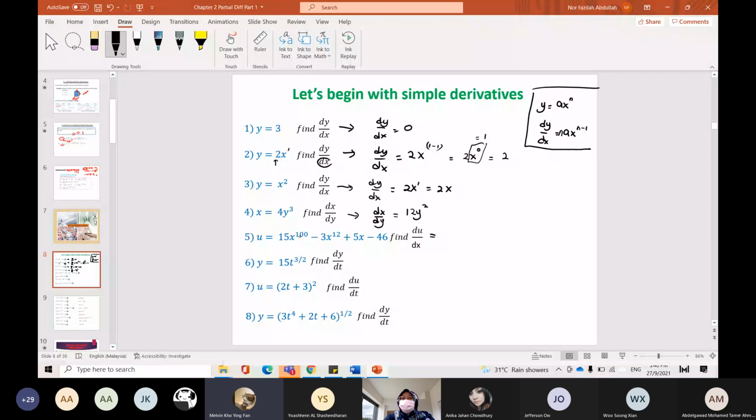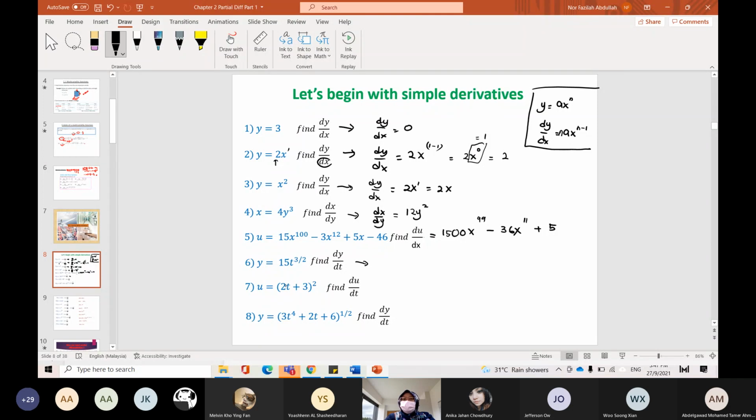So this one means that 100 multiplied by 15, you get 1500, x 100. Use this formula, minus 1 to power of 99. Minus 12 times 3, 36. x to power 12 minus 1 here, power 11 plus 5. So this is your du over dx.